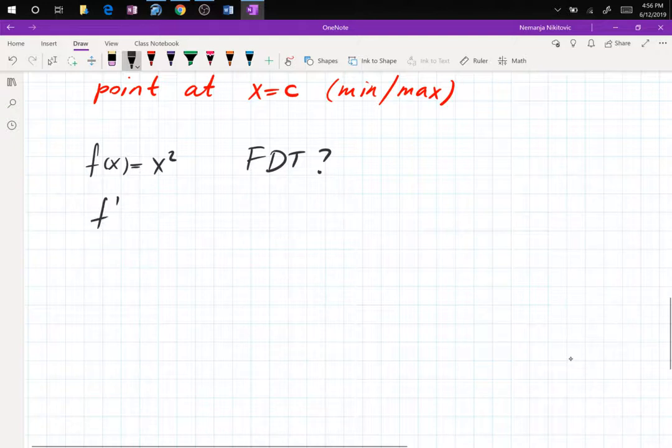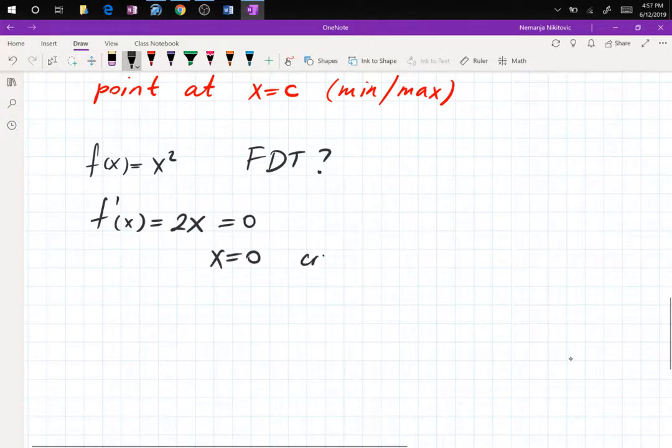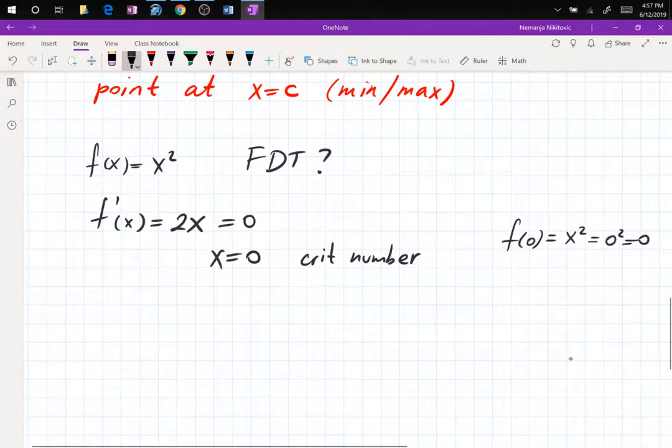Find the derivative, which is 2x, and then set it equal to 0 to find the critical number. Now you can go and find the y value for that critical number, and you have your (0, 0) as a critical point. Put that aside.